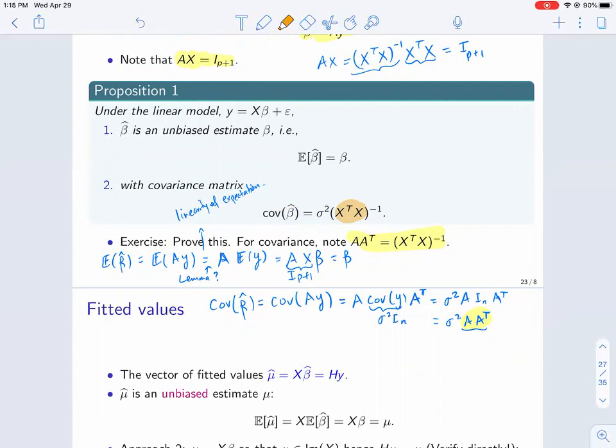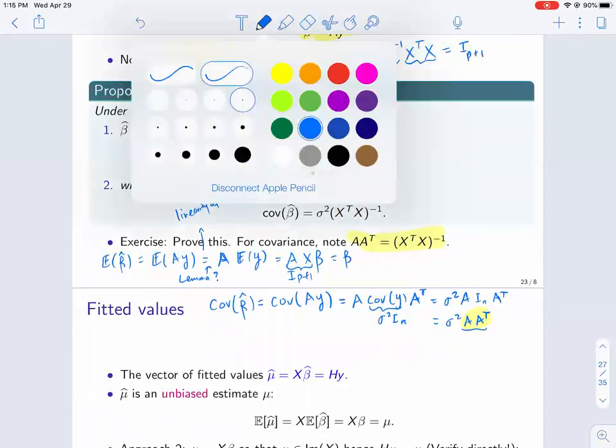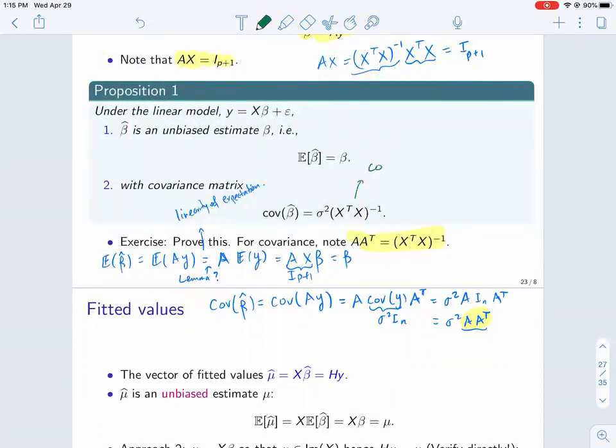So cov beta hat is PSD, and we conclude that X transpose X inverse is PSD, and from this, that X transpose X is PSD. So this is a statistical proof of the fact that X transpose X is PSD.